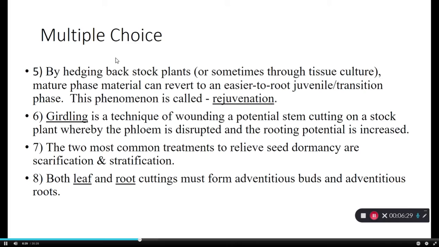This is suggesting if I take a single leaf or a piece of root, both of them have to regenerate not one but two new organs. Adventitious roots and adventitious buds. Those buds, of course, grow into the shoot system, the above ground portion of the plant.